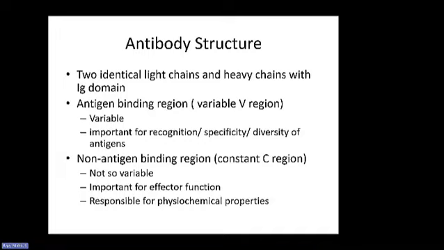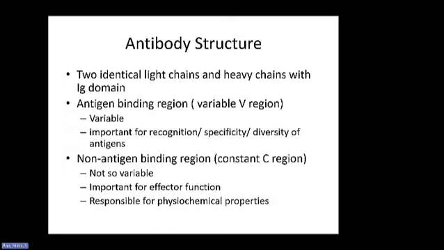Versus the non-antigen binding region, which is also known as the constant region or C region. It's not so variable, but it's important for the effector function. It's also responsible for the physiochemical properties that these antibodies have. This constant region determines the class of antibody, which is IgG, A, E, M, right?